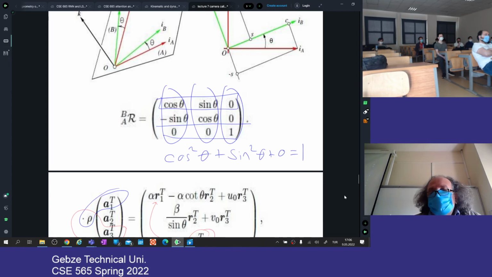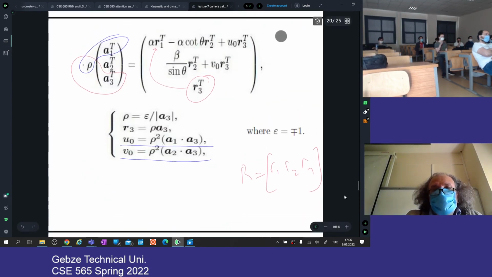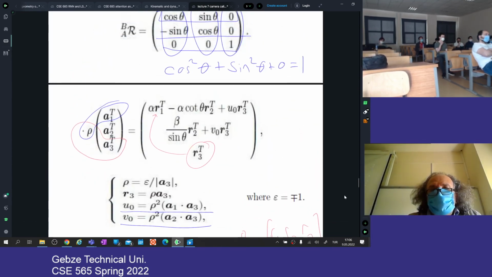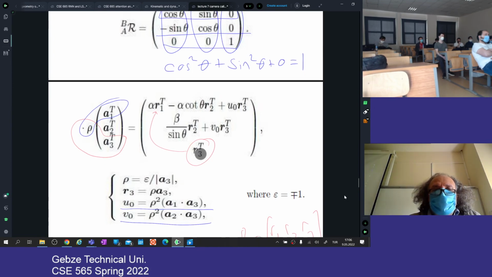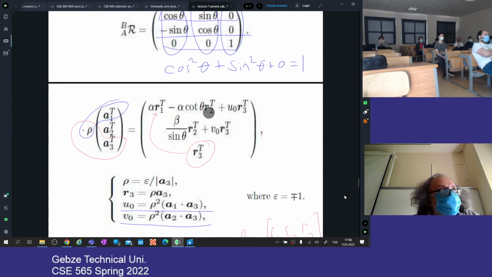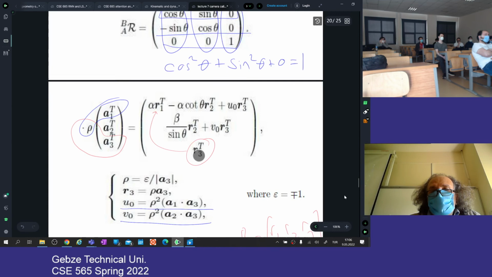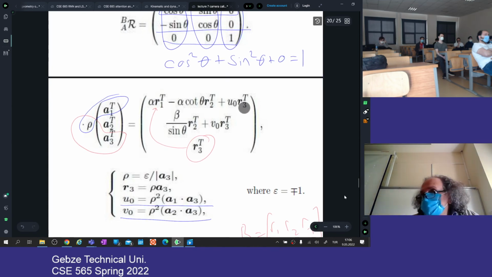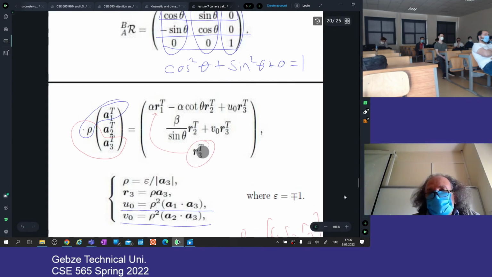These are orthogonal, right? So if I multiply R3 with R1, it is 0. If I multiply R3 with R2, it is 0. If I multiply R3 with R3 again, R3 and R3 is going to be 1.